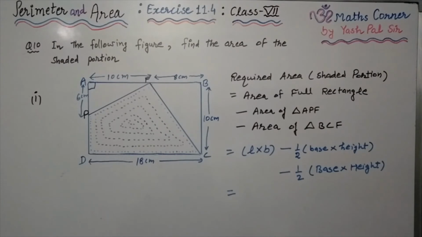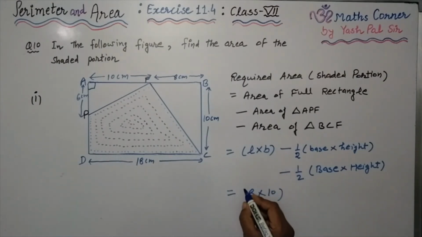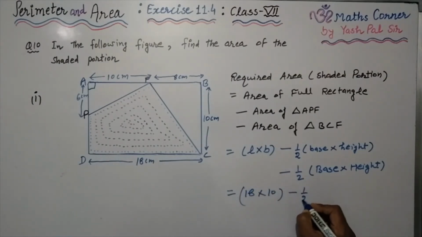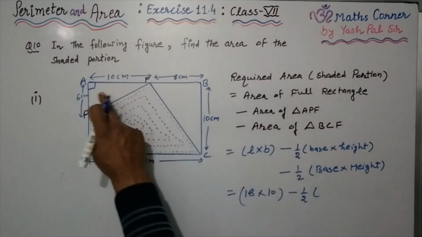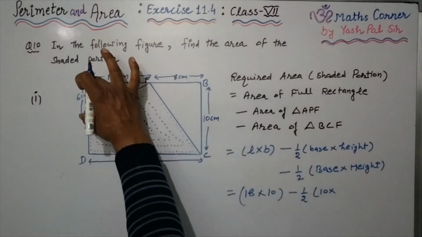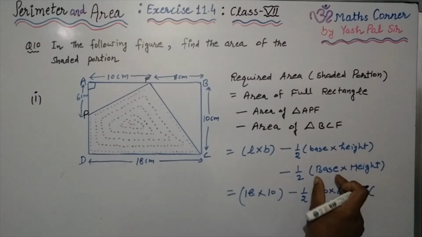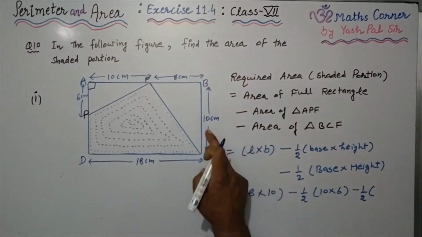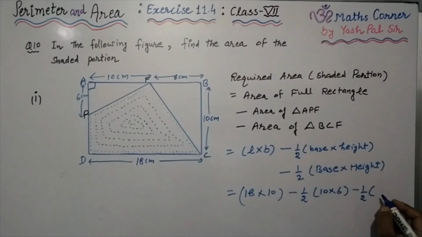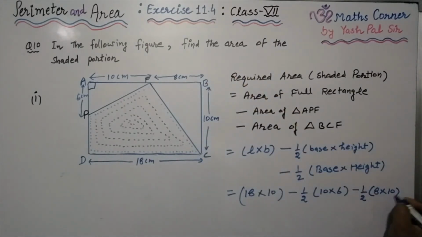So length is 18 into breadth is 10, minus 1 by 2, small base is 10 into height is 6, minus 1 by 2, big triangle base is 8 into height is 10.